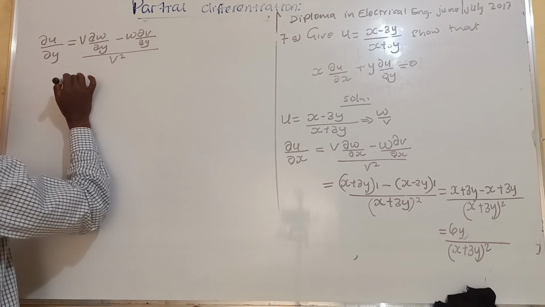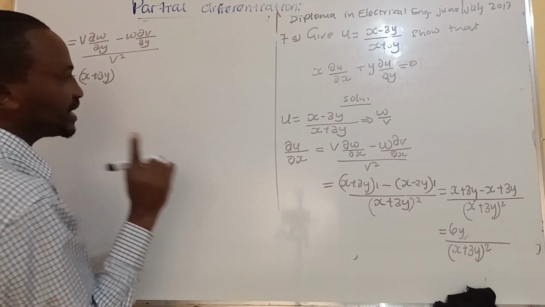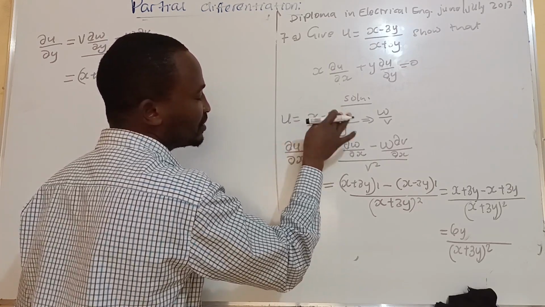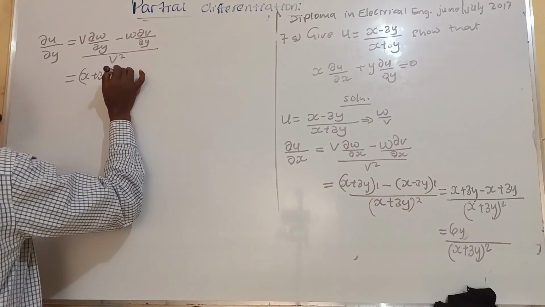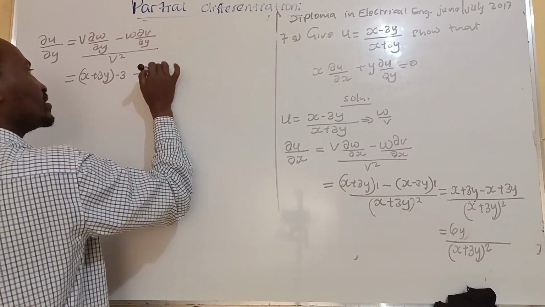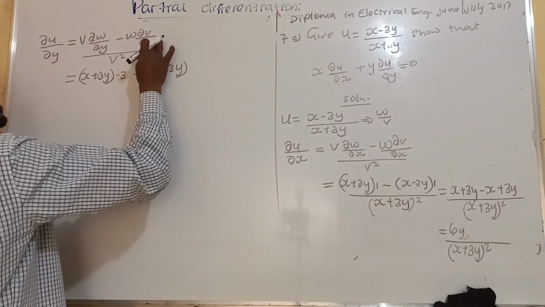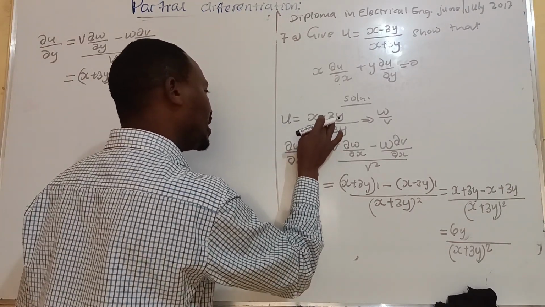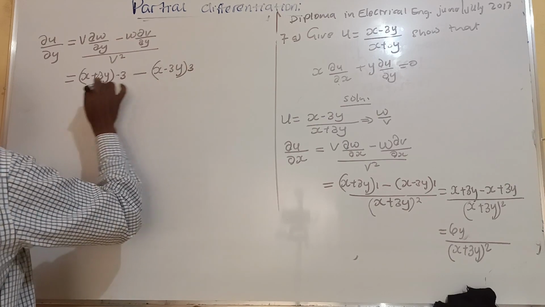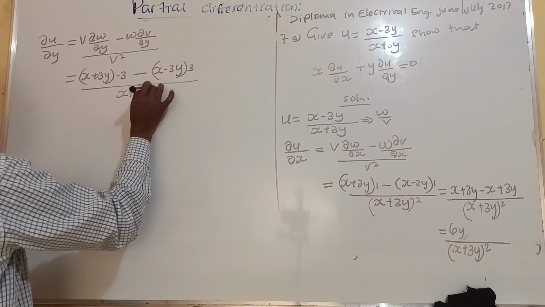What is our v, the denominator? x plus 3y. Differentiate w with respect to y. Of course, x is a constant and will disappear. If you differentiate 3y with respect to y, it will be negative 3. Minus w, which is x minus 3y, times the partial derivative of v with respect to y. Differentiating v, x is a constant and disappears, and 3y gives 3. All over x plus 3y squared.